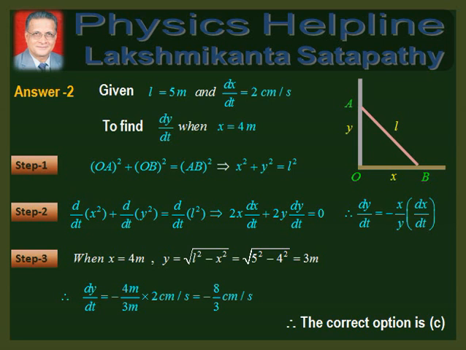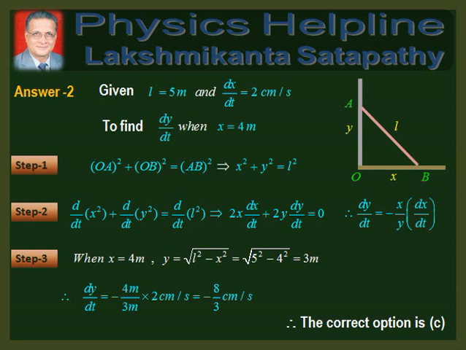Now, d by dt of x square is equal to 2x into dx by dt. d by dt of y square is equal to 2y into dy by dt and d by dt of L square is equal to 0, since the length of the ladder is constant. On simplification, we get dy by dt is equal to minus x by y into dx by dt.